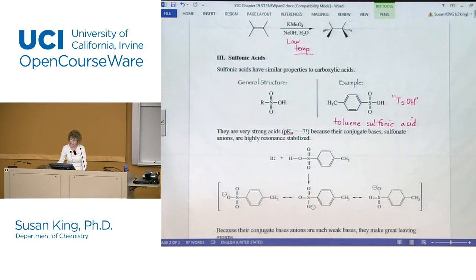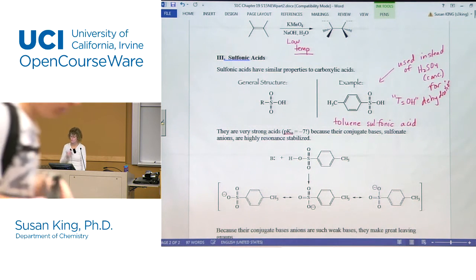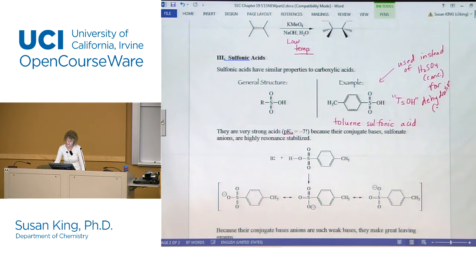It was used for dehydration, instead of concentrated H2SO4. And that, of course, is chapter 9. So everything you've ever learned all year comes back in 51C.